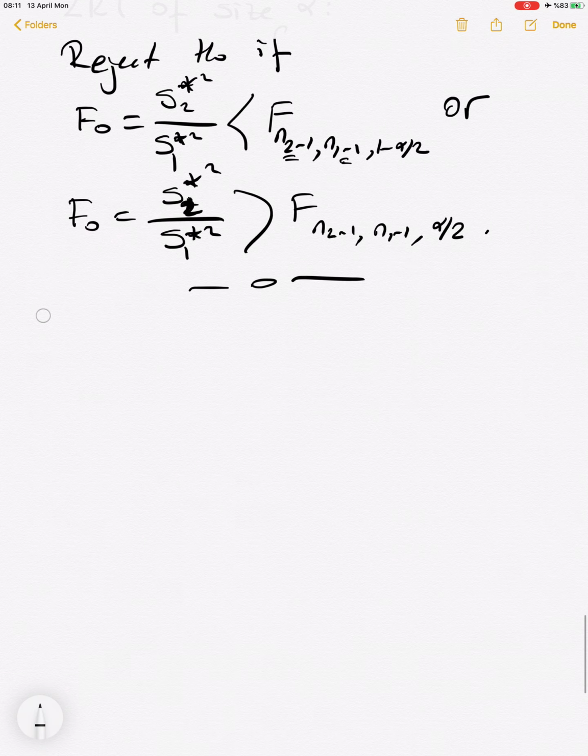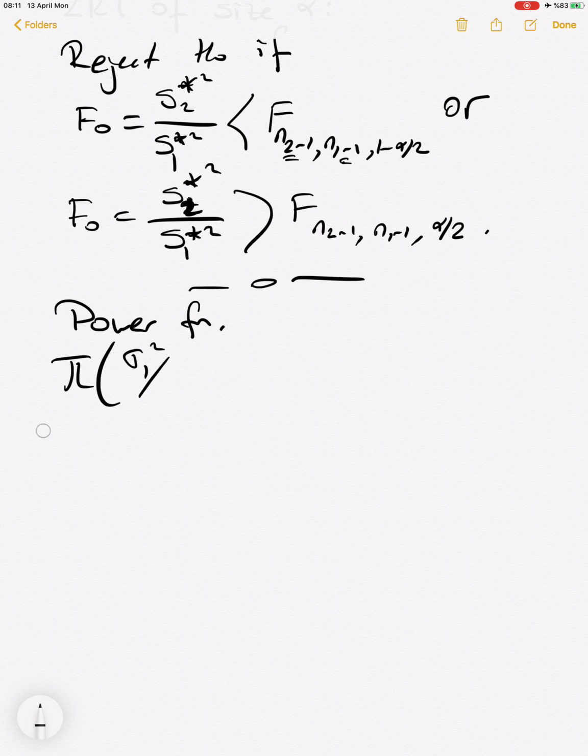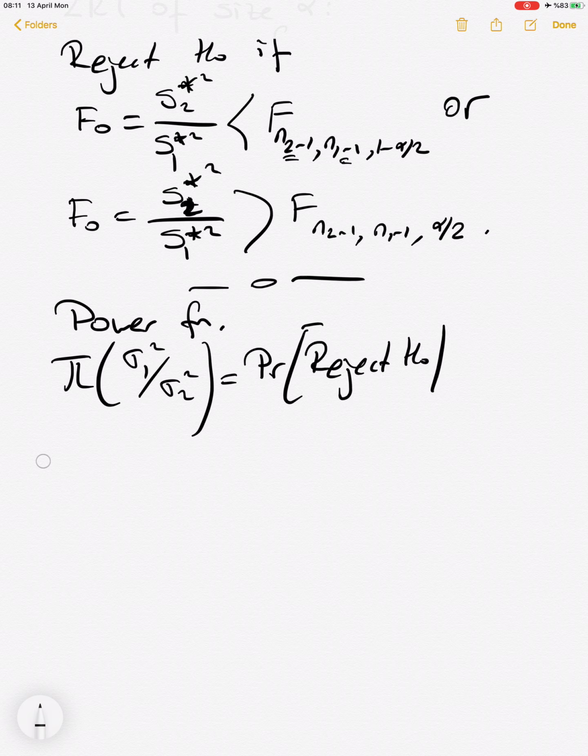So let's find the power function, pi, for different ratios of sigma 1 square and sigma 2 square. Again, we have to consider the probability of reject H0 under whole parameters.